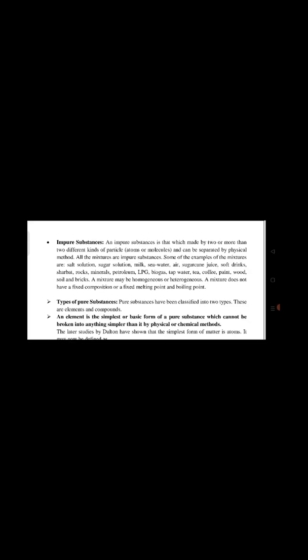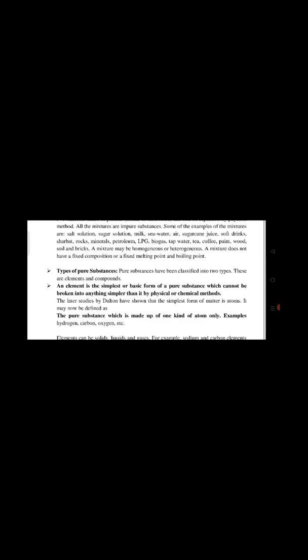Okay, so next I am coming to the types of pure substances. Pure substances are generally of two types: one is elements, another one is compounds.